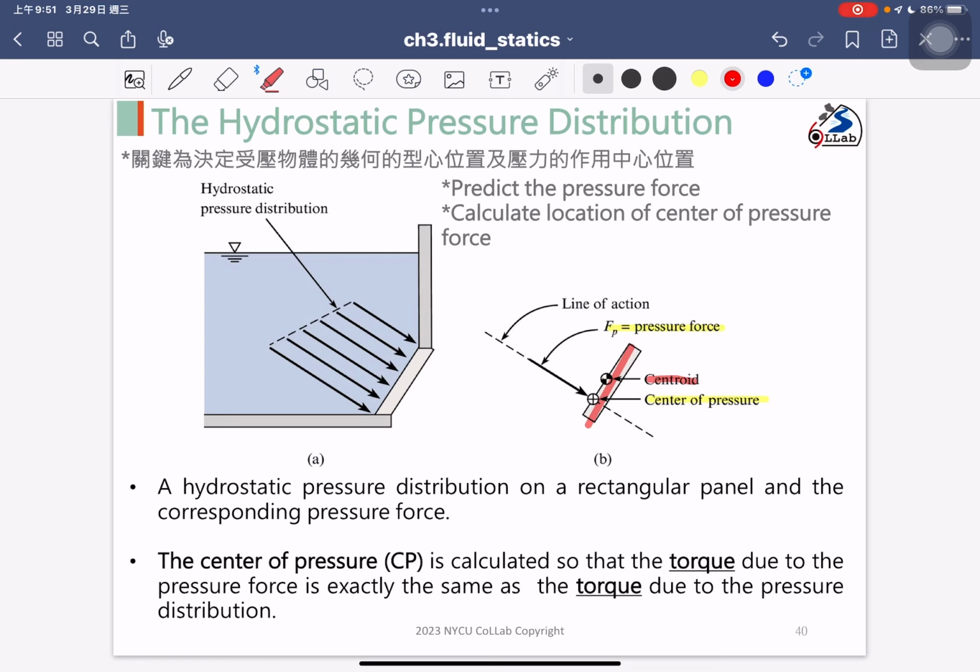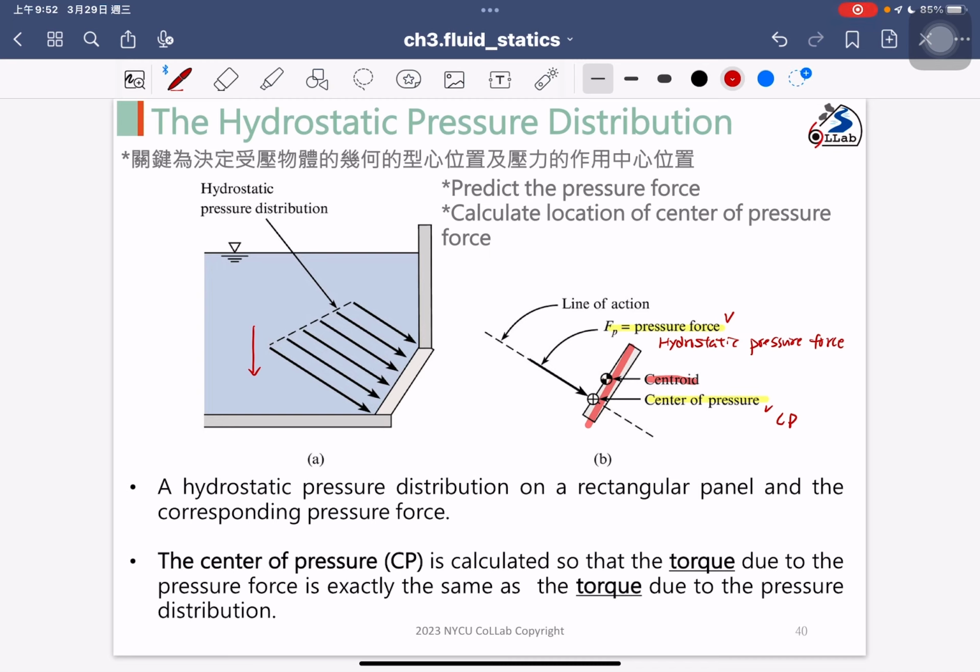So totally, we should understand how large the pressure force is, and in that case we call it the hydrostatic pressure force, because the pressure distribution is based on hydrostatic conditions. As we go down, the pressure will increase. And sometimes we call the center of the pressure the CP point. Okay, it's the CP point.